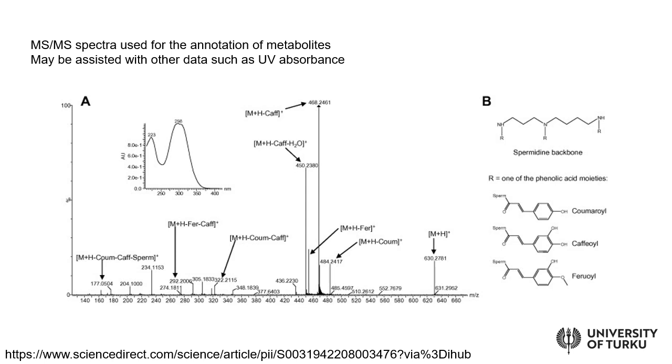Both of those have benefits. When you have the data dependent, so DDA approach, then you can always be sure that you know what the precursor ion is. So for example, in the case here, since this is data dependent, you know that the precursor ion is 630, so that is already inherently written in the analysis, and you know that all the signals that you see here are coming from this particular precursor ion.